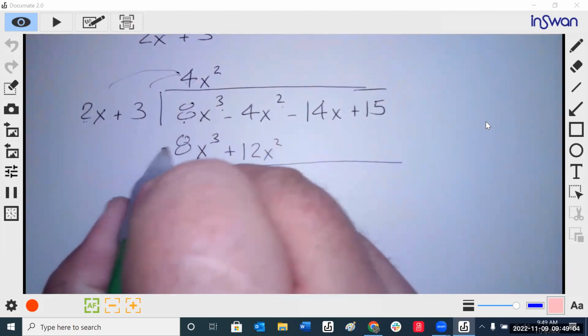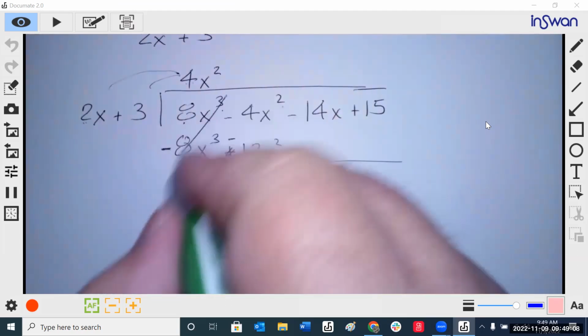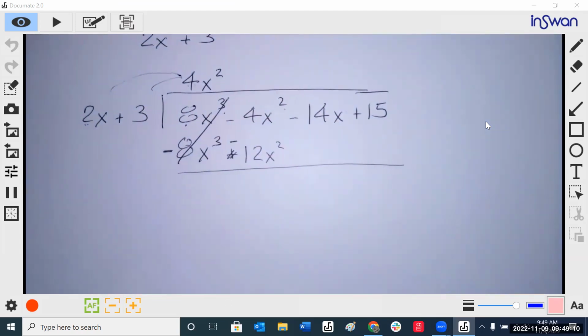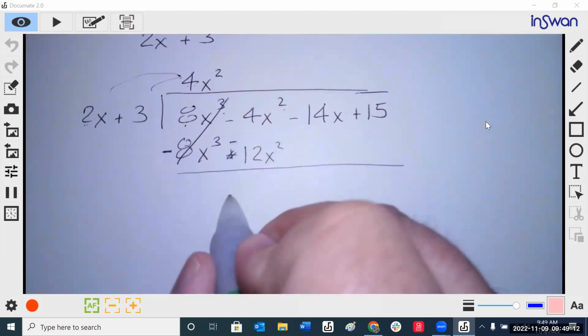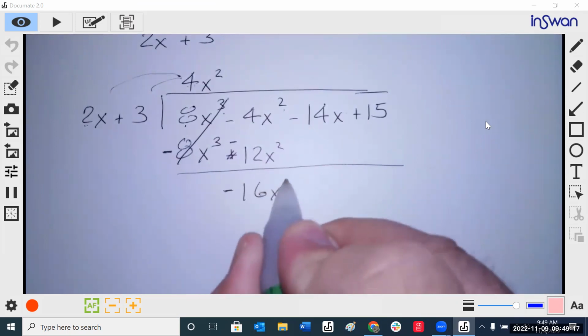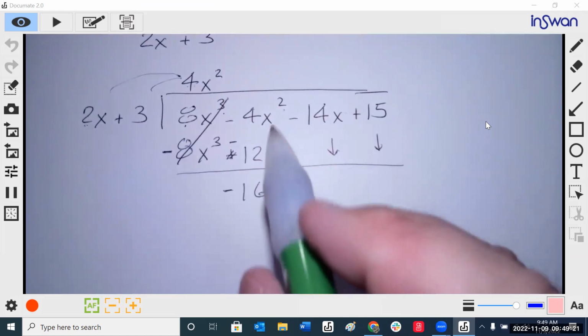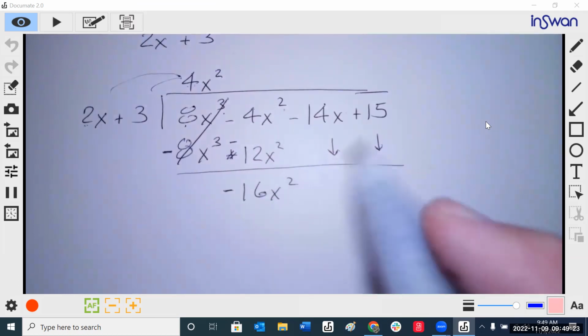Change signs and add. Remember, the first term has to disappear. They're both negatives. 12 plus 4 is 16. Bring down everything else. When you add and subtract, you only change the coefficients. Don't change the exponents.